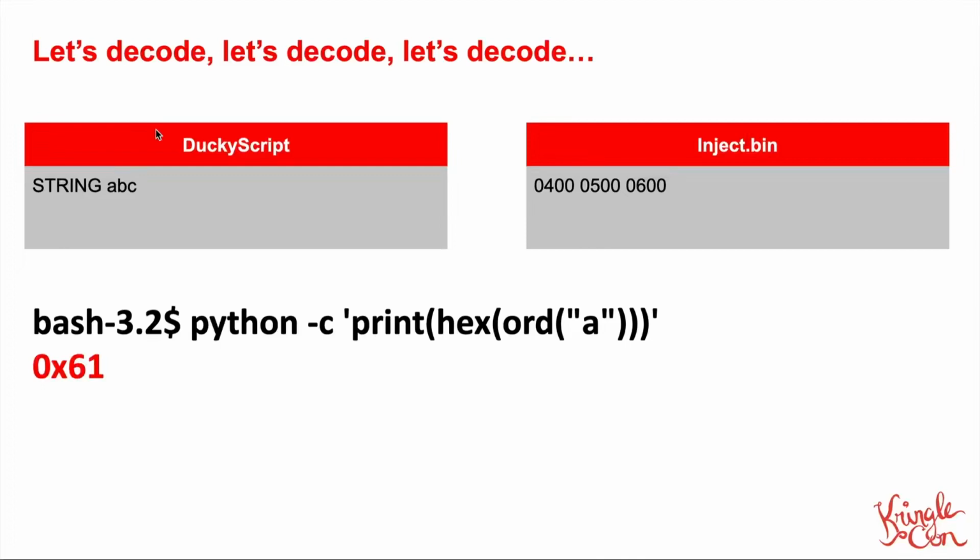And the inject.bin has 040506. Now, I immediately knew that that was not the ASCII codes for A, B, and C. In fact, I used Python to verify that here. I said, what is the hex value of A? And it's 0x61, which is exactly what I expect. But 0x61 is not 04. And it just so happens I've watched a lot of videos about USB devices and HID attacks, so I knew that what we were probably dealing with here was called scan codes.